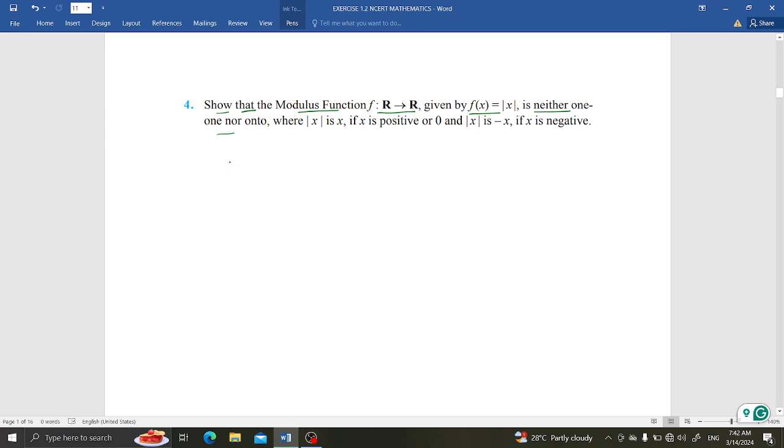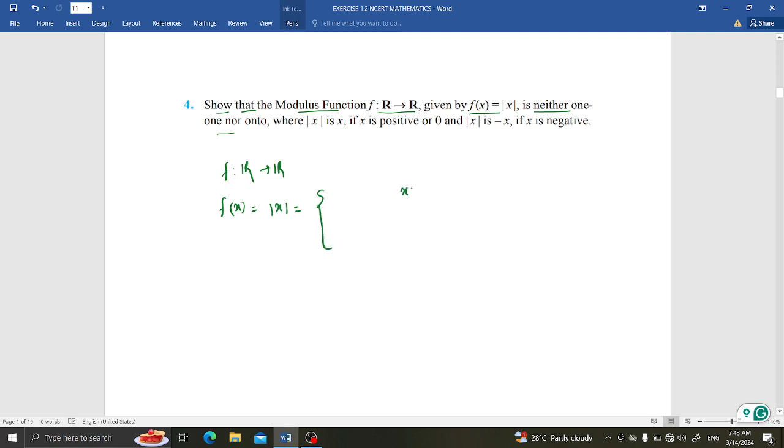So again, first of all, I will define the modulus function completely. Then I will explain how we can prove it is neither one-one nor onto. The function is defined from the set of real numbers to the set of real numbers, and f of x equals mod x. How is it defined?